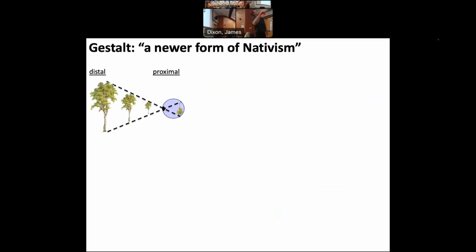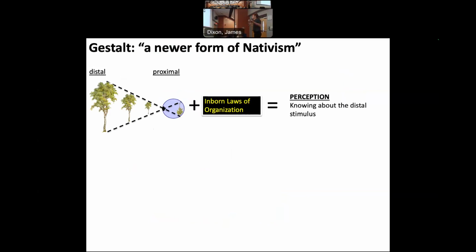We have the distal stimulus, right? The actual item out there in the environment, in this case, a tree. We then have the proximal stimulus, which is the light reflected off the tree through the lens and so on and so forth, which is impinging on the back of the retina. Okay, so far so good, nothing new there. We then take this distal stimulus and we have these laws of organization, as I just described them, more like dynamics of the network that give rise to these normal things that happen.